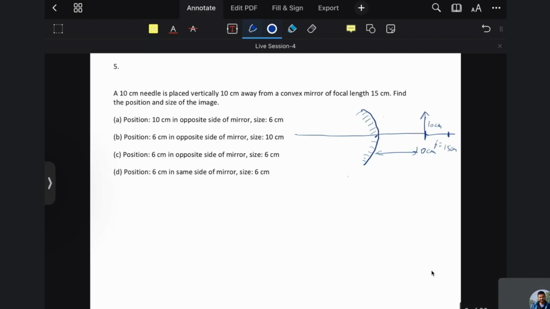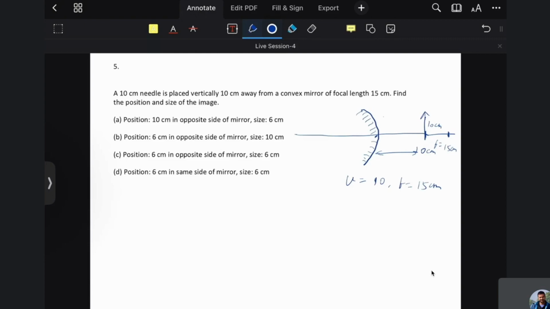So we have object distance as 10 centimeter and focal length as 15 centimeter. Now we have to find the position and size of the image.